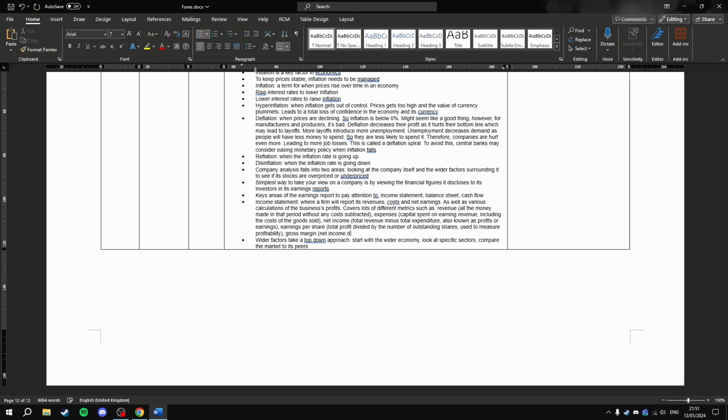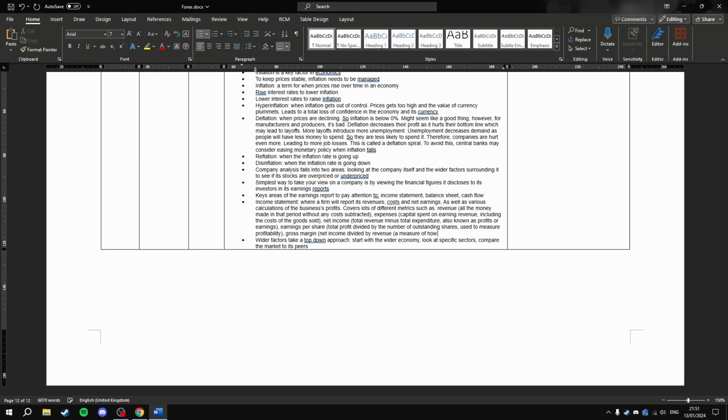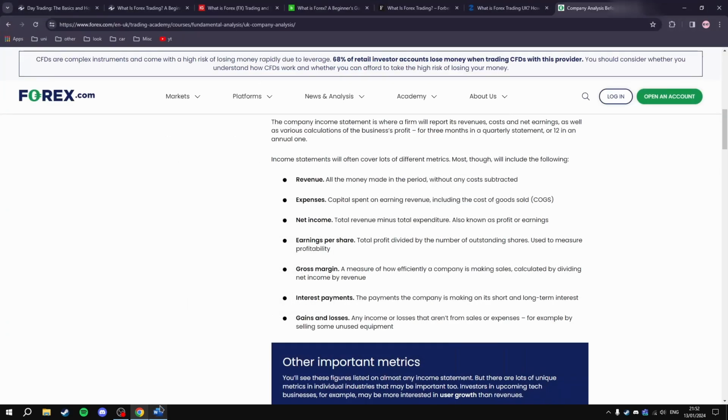Revenue is all that money without any costs subtracted. So it's a measure of how effectively a company is making sales.